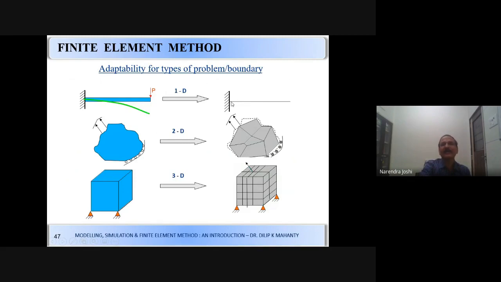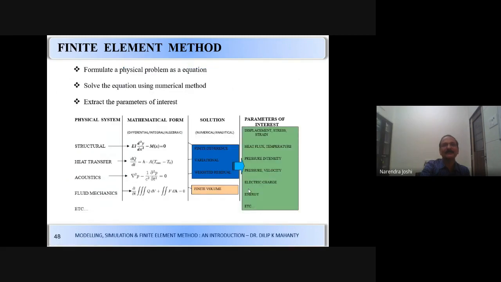I simplify it into a mathematical model and get an equation, but if physically I want to see it, this is my mathematical model. Two-dimensional, I modified; this is my field, this is my boundary condition, these are my outputs. This is three-dimensional; I can create a three-dimensional model. So this adaptivity to types of problems and boundaries is important for us.